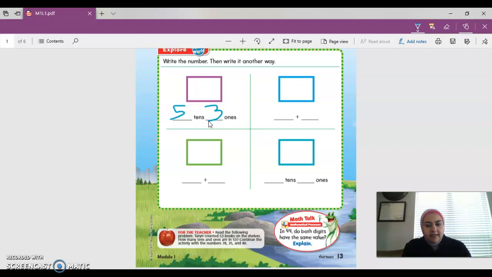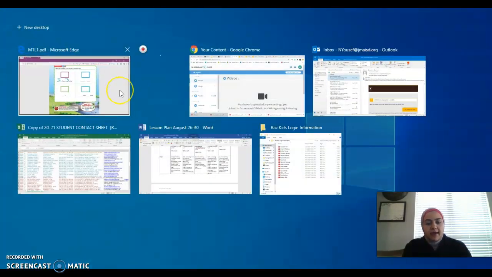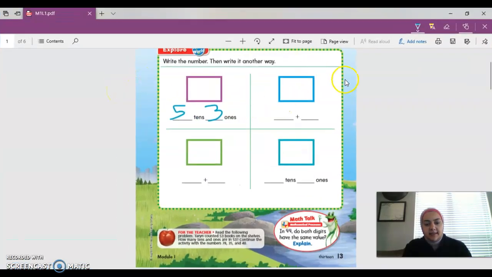Let's look at 78. So how would you write 78 in tens and ones? Well, if you have the plus sign here, then you know that they're asking for expanded form. How do you write a number in expanded form? Expanded form means stretching that number out.